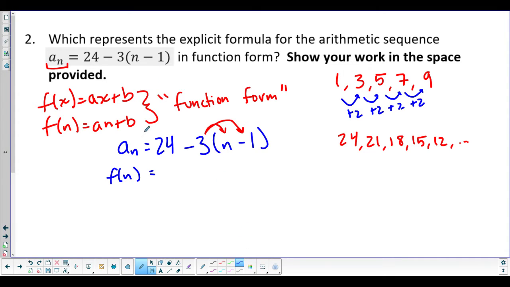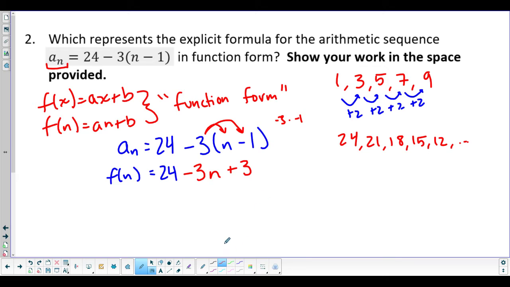So in total, this 24 does nothing, nothing is happening to it, so it stays there. But we do multiply negative 3 times n, which means we get minus 3n. And then we also multiply negative 3 times negative 1. A negative times a negative is a positive, so negative 3 times negative 1 is plus 3.